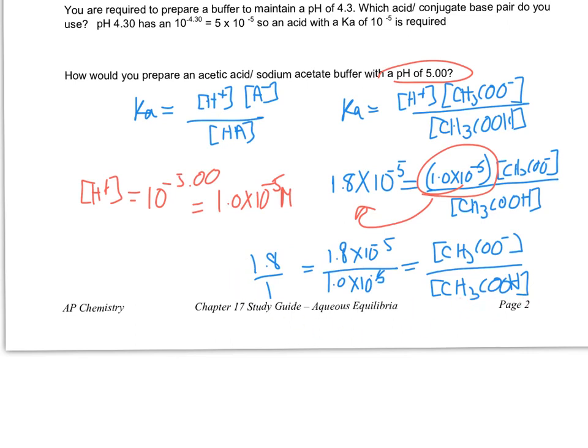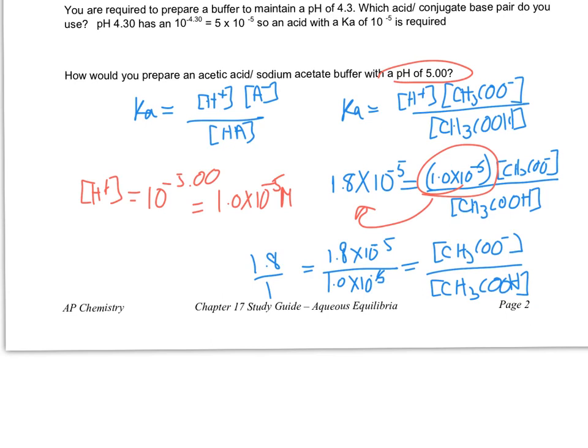It doesn't matter how much I use. It doesn't matter what the volume is. As long as the acetate ion concentration is 1.8 times the concentration of my CH3COOH, that's fine. So if I, for example, make the acetic acid 1 molar, then the acetate ion would be 1.8 molar.